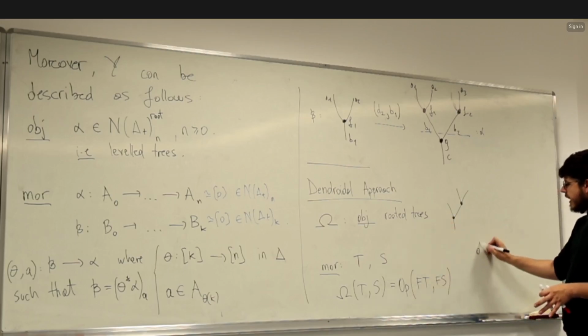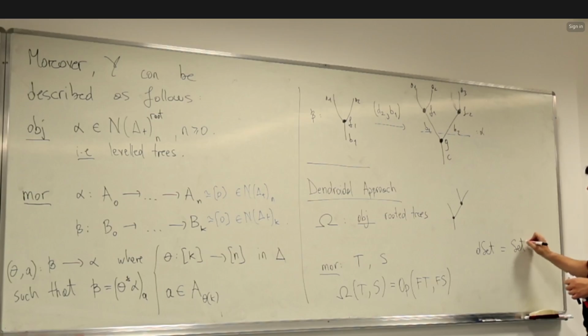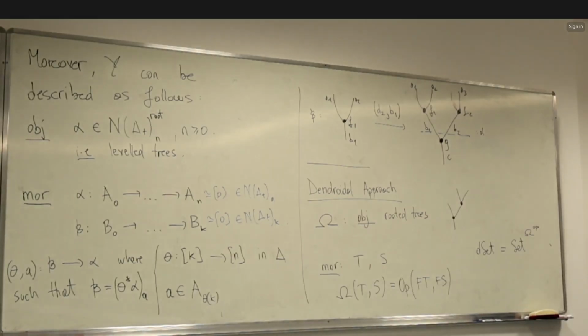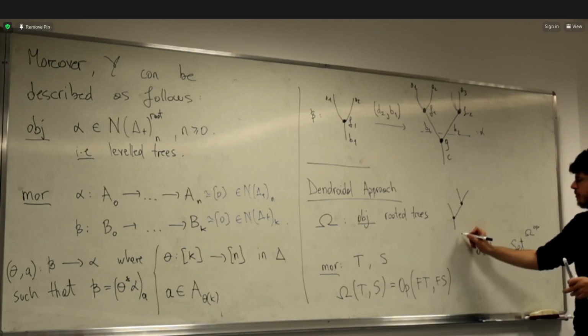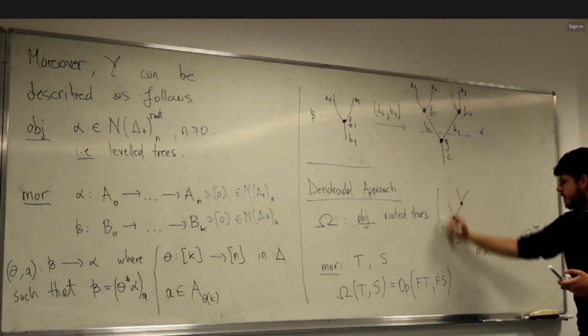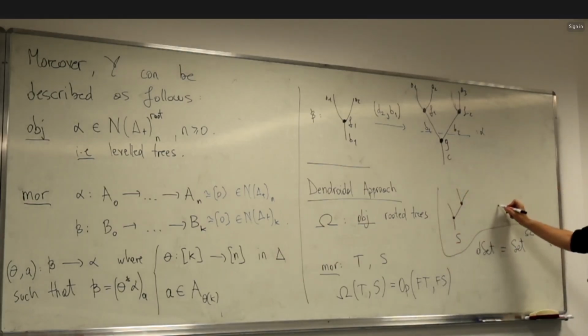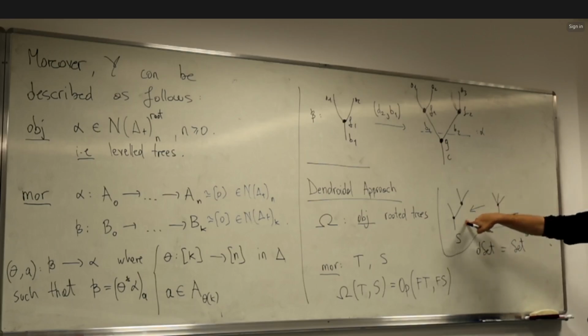And then you define a category of dendroidal sets where you take just the presheaves on this. Now notice, for instance, I've done an example here. Say this was my tree S, and say this is T. I have a dendroidal operation from here to here.